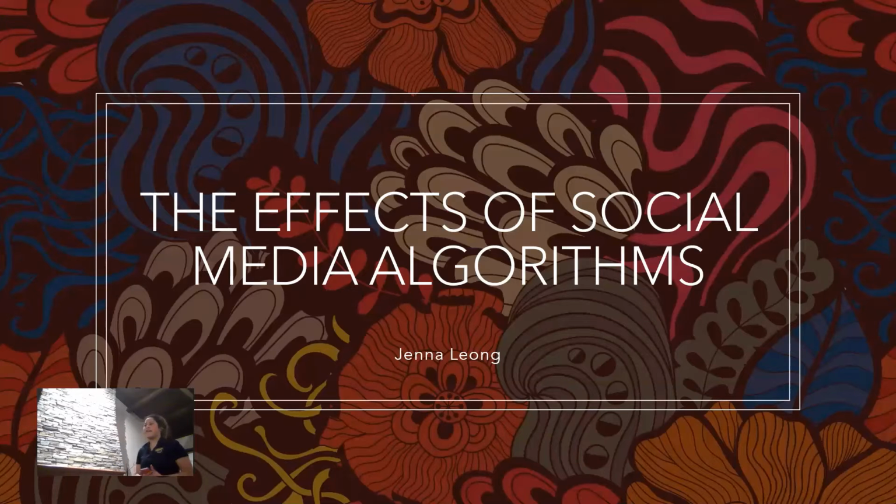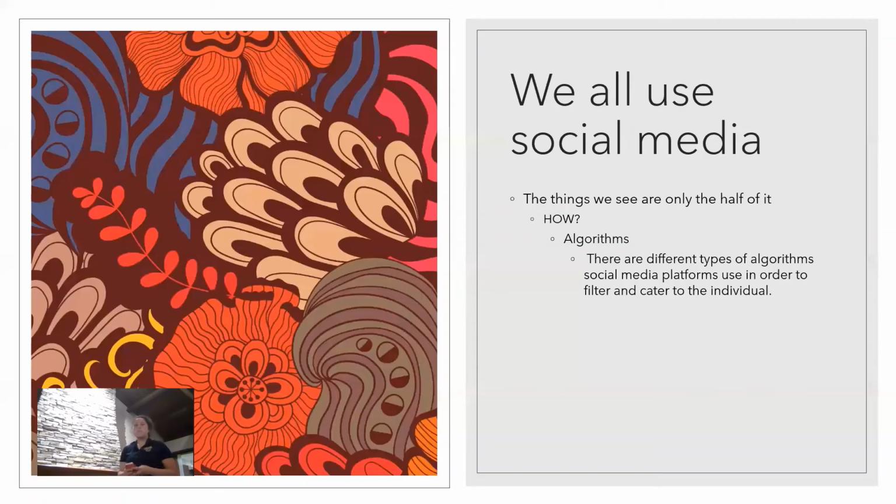Today, I will be talking about the effects of social media algorithms. We all use social media today, whether it be TikTok, Instagram, Twitter, Snapchat, Facebook, or whatever you use. Now, we only see half of the things that are ever posted on this. And you might be thinking, how is that possible?